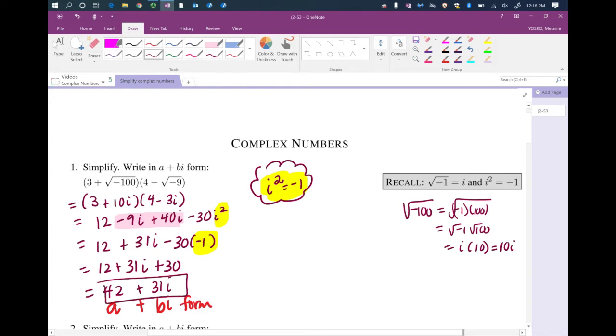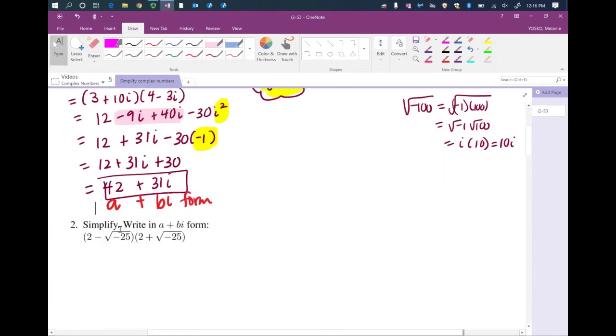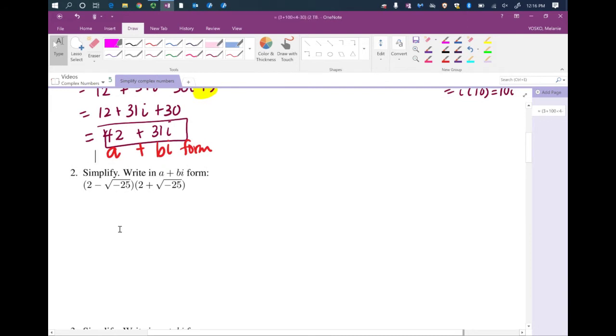Let's continue. Let's do another one. Okay, now this is very similar. We're going to do the same steps. We are going to rewrite this in terms of i's instead of -1s under roots. So we're going to have 2 minus 5i, because the square root of 25 is 5. And then we have a square root of a -1 is i.